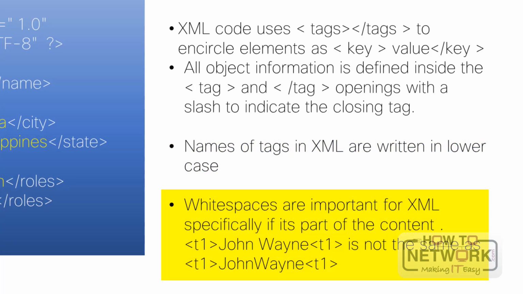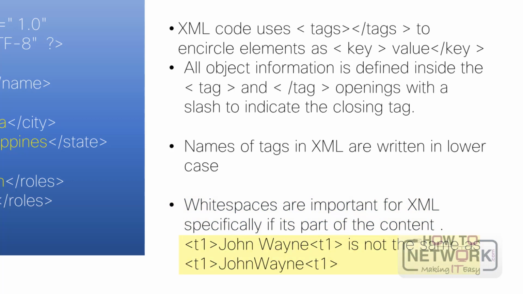White spaces can be quite important in some formats, or they don't have any meaning in others. XML is a combination of both of them. Significant white spaces are part of the content of the document and are always preserved. A good example is the white spaces inside the value or the opening and closing tags. For example, you have an opening tag T1, then you have John Wayne inside it, then a slash T1 as the closing tag.